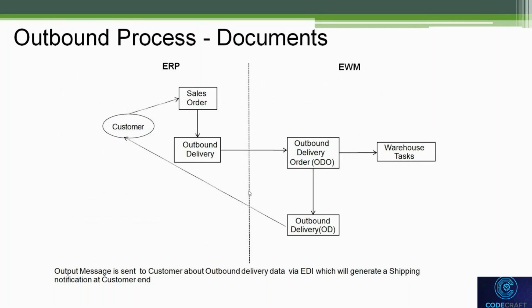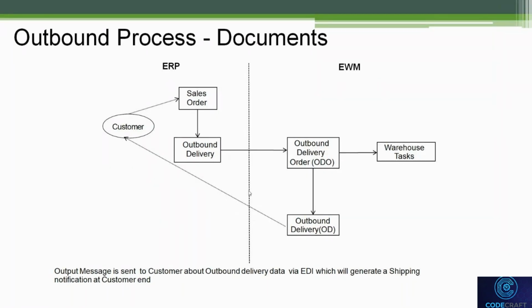There is a document category, document type, which I'll show you again once we go ahead with the mapping in logistics. So basically, one document gets created on the EWM side, which is inbound.